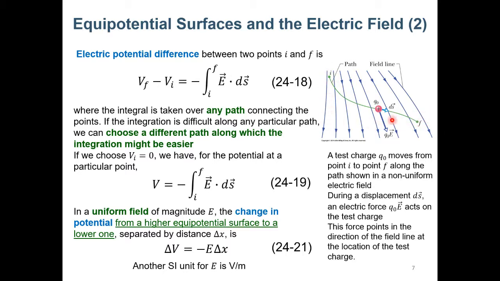So when you subtract them, Vf minus Vi, it will look like this. This is a line integral. I'm not sure whether you have learned it in math. Actually, it is a general case of the one-dimension integral.